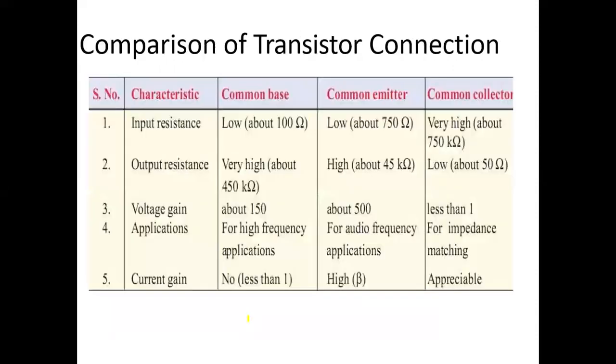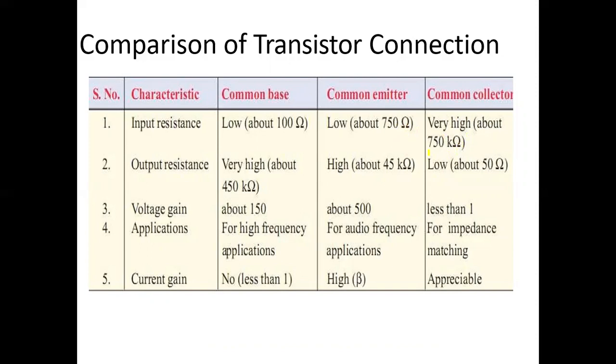Now the comparison between transistor connections. We have three connections: common base, common emitter, and common collector. Input resistance for common base is low, with a value of 100, for common emitter it is 750, and for common collector the input resistance is very high.